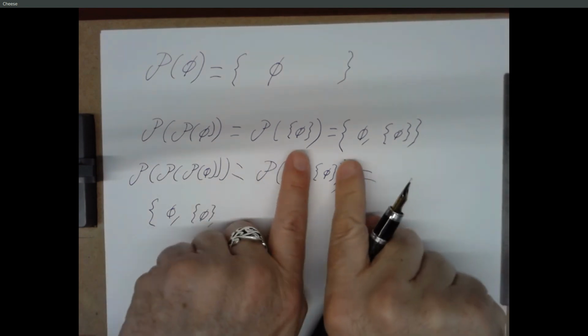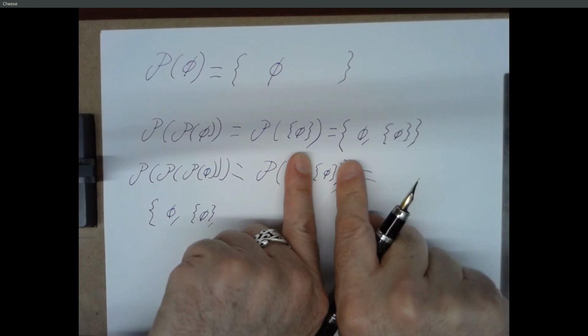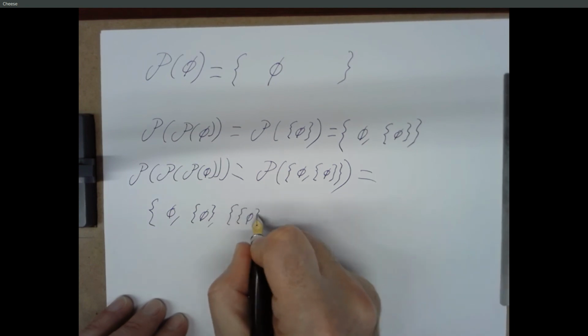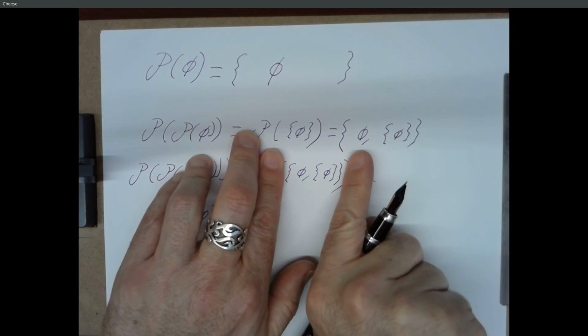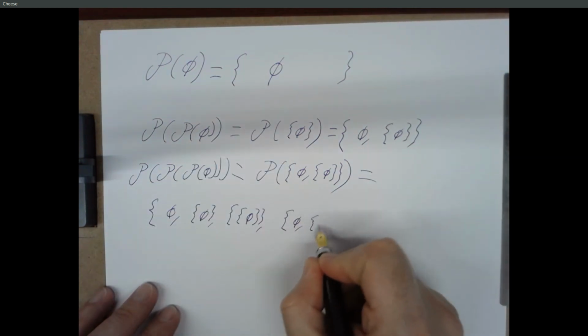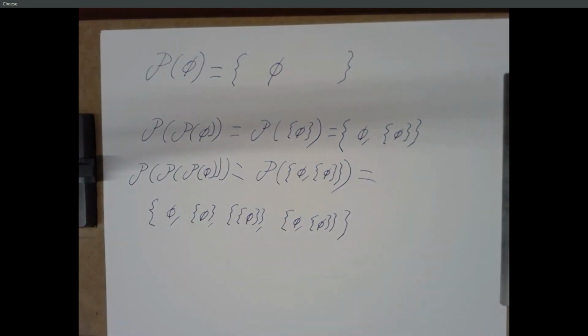The singleton set containing the second element. Well, the second element is a set containing the empty set, so the singleton set comprised of just that element is this. And the final element is the set itself, whose power set we were constructing. And those are the four elements.